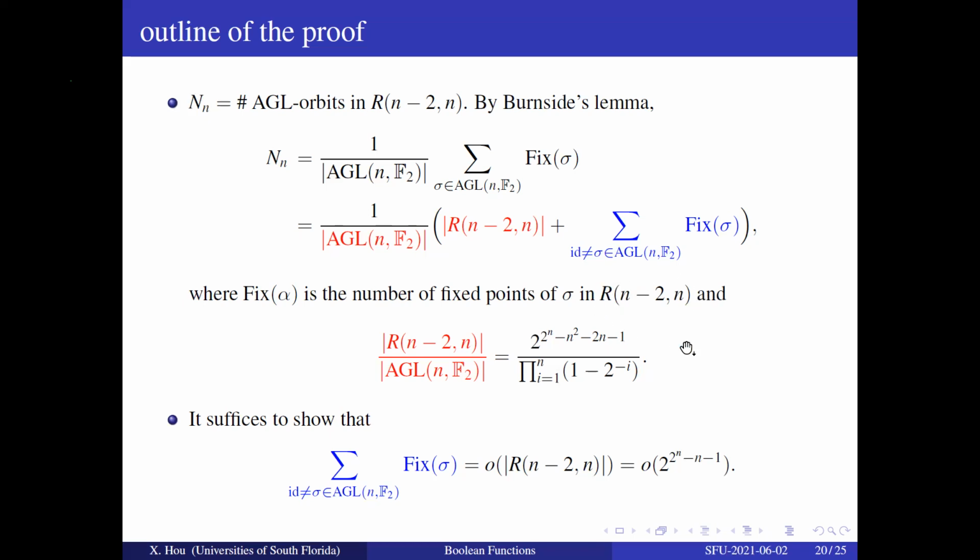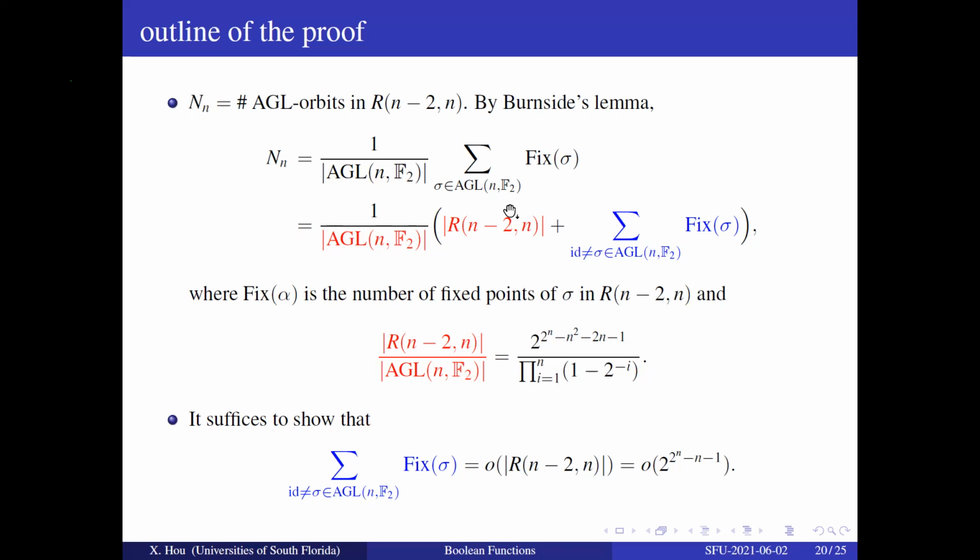Okay. So you can separate the term when sigma is equal to identity from the rest of the sum. When sigma is identity, the number of fixed points is the cardinality of the Reed-Muller code of order n-2. And then I have a summation where sigma is not equal to identity.